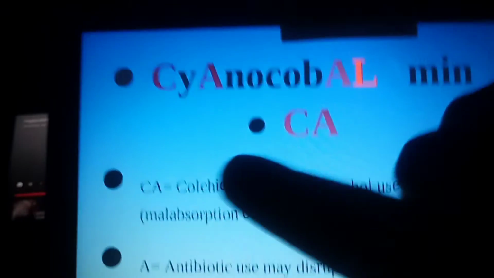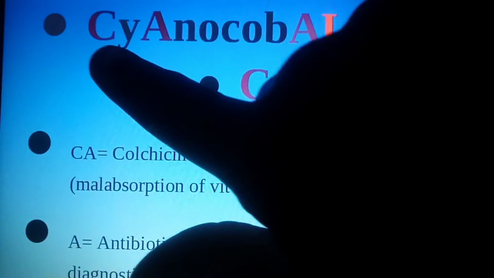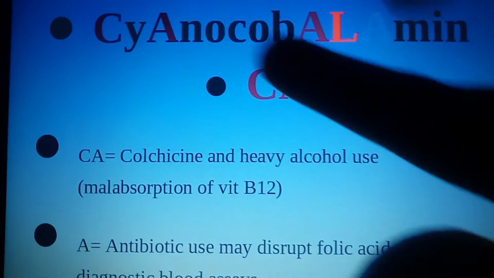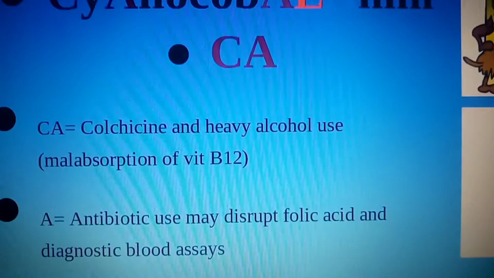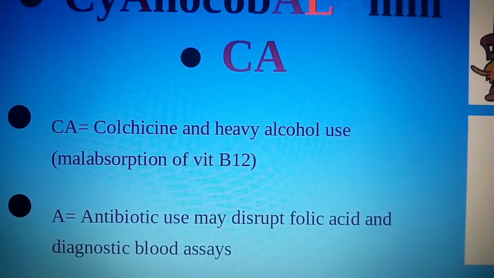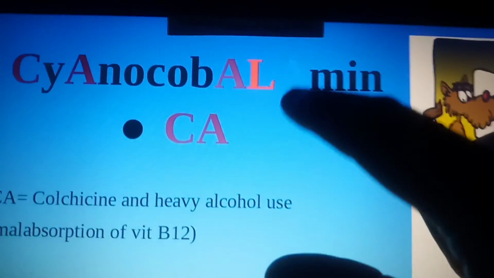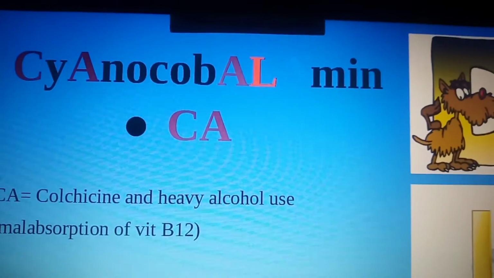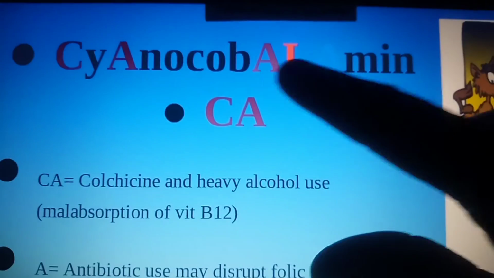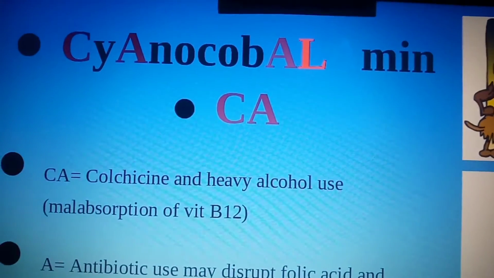Antibiotics. So I discussed C, which is colchicine and heavy alcohol use, and then my A is antibiotic use, which may disrupt folic acid and blood assays, and then ALA would be my contraindications. So these are the drug interactions, C and A, and then ALA represents the contraindications, which will be discussed in the next slide.